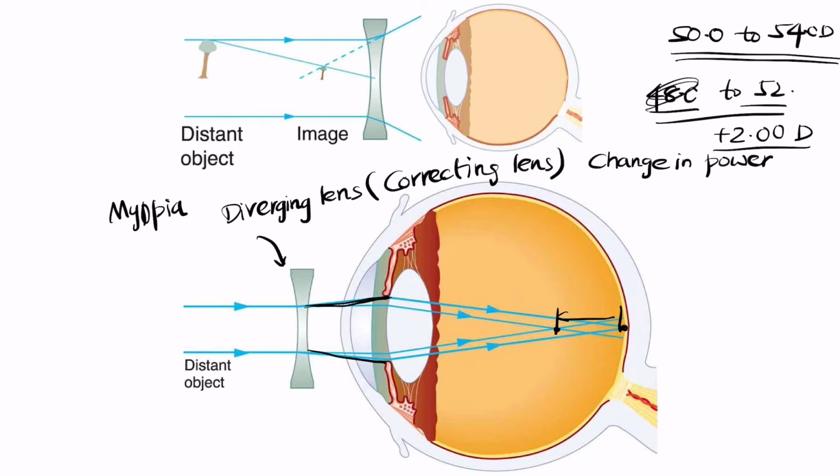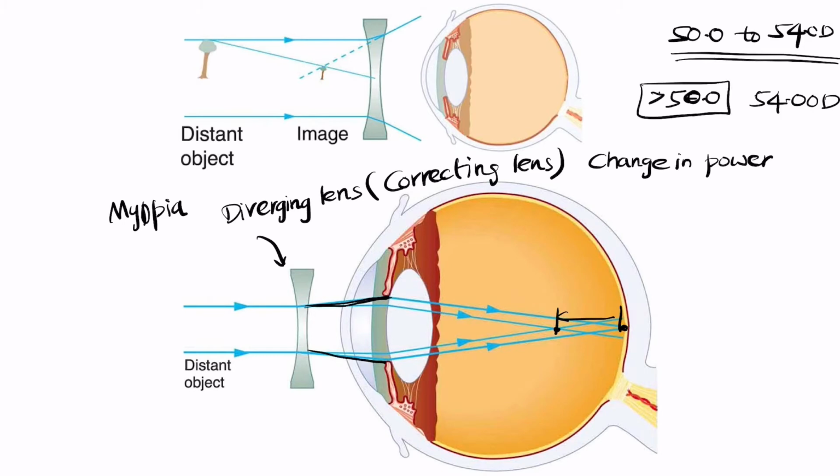For myopia, a person generally has a longer than usual power, for example greater than 50 for far away vision and 54 for closer vision. So he has to be corrected for 50 sphere. Generally the lens power that is given is negative. The range of this power is generally from minus 1.5 to, if you have a really bad case, minus 5.5 as well.